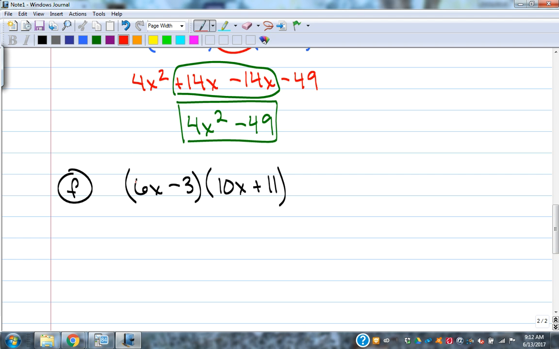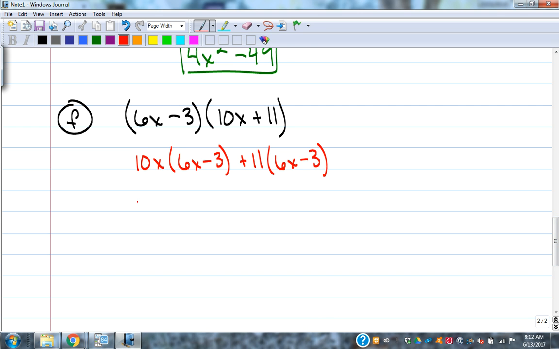So again, distributing the first parenthesis, 6x minus 3, to both of these pieces, so that it's 10x, parentheses, 6x minus 3, and 11, 6x minus 3. That'll be 60x squared minus 30x, 66x minus 33.